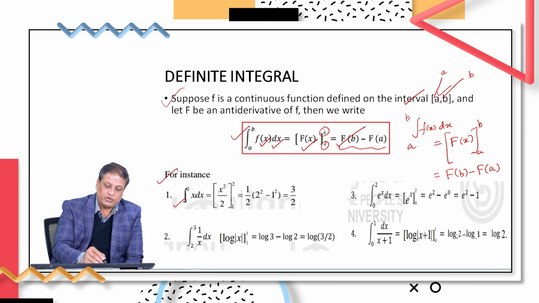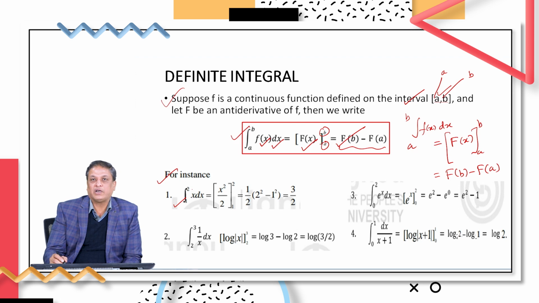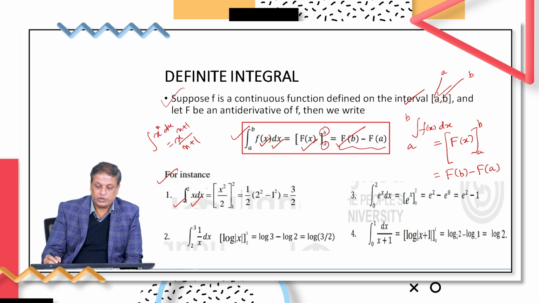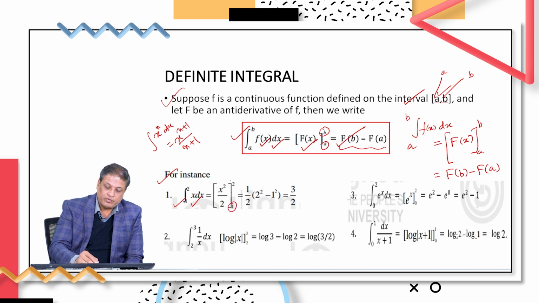For instance, we are supposed to integrate x dx in the interval 1 to 2. We know that the integral of x to the power n dx is x to the power n plus 1 upon n plus 1. Using this formula, you get x square by 2, to be evaluated in the interval 1 to 2.